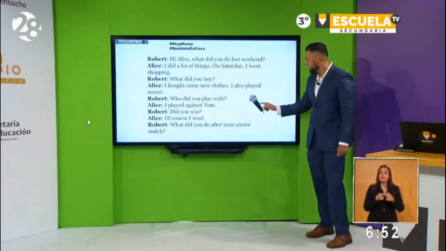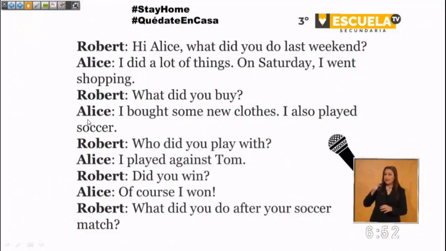Please pay attention. Hi, my name is Megan. I'm from Sabinas Hidalgo, and I will play Alice's role. Hello, my name is Jesus Eduardo Campos Garibay, and I am from Escobedo City. I will play as Robert. Hi, Alice. What did you do last weekend? I did a lot of things. On Saturday, I went shopping. What did you buy? I bought some new clothes. I also played soccer. Who did you play with? I played against Tom. Did you win? Of course I won.